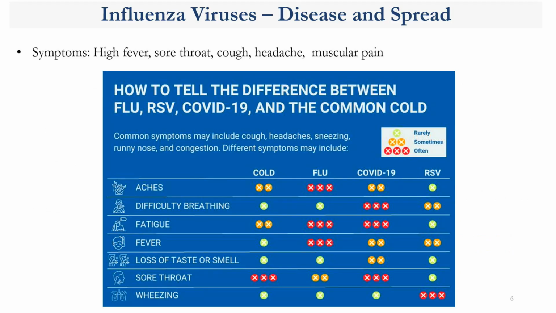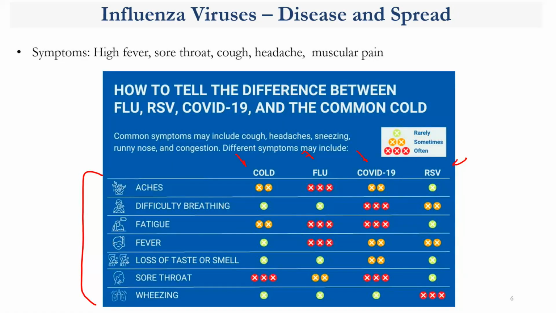But the problem here is the symptoms are common to a lot of other infections as well. For example, if you just have a minor cold, flu, COVID-19, or RSV, you get similar symptoms for all these conditions. So you'll have to really evaluate and test to see what is actually infecting you, okay?